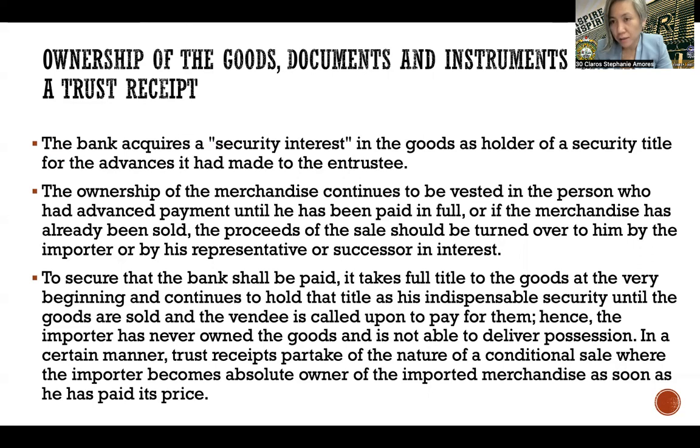And if the merchandise or the goods has already been sold, then the proceeds of the sale should be turned over to the importer or the entruster or the representative of those parties. So this is a requirement of PD 115 in order to secure the payment made by the entruster. Full title to the goods is vested in the entruster from the very beginning of the transaction.